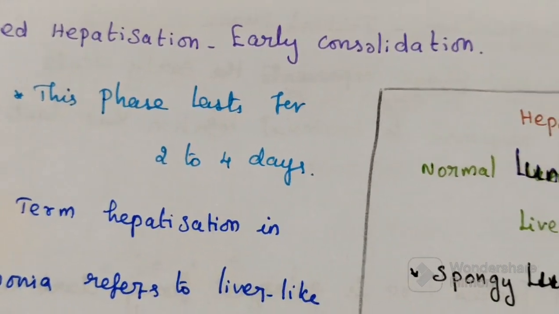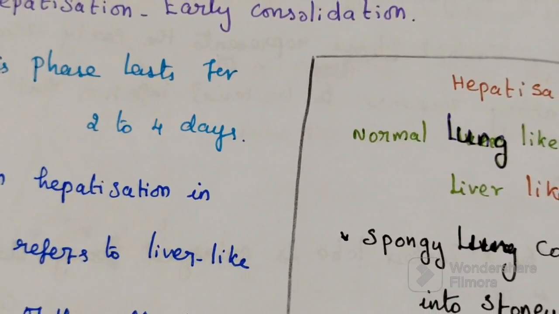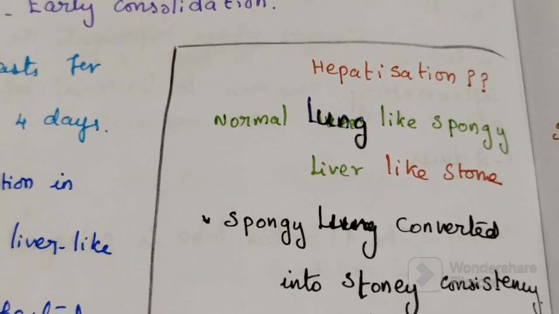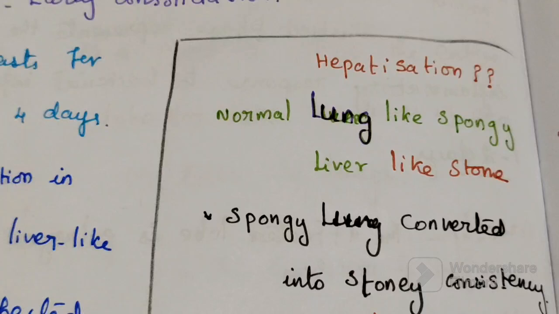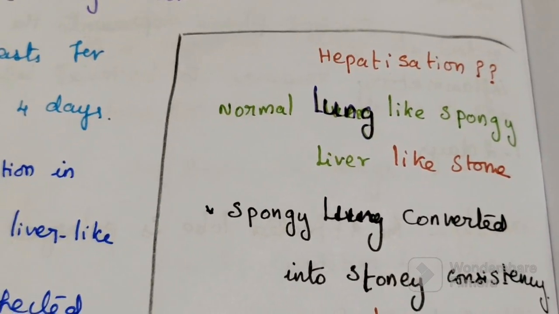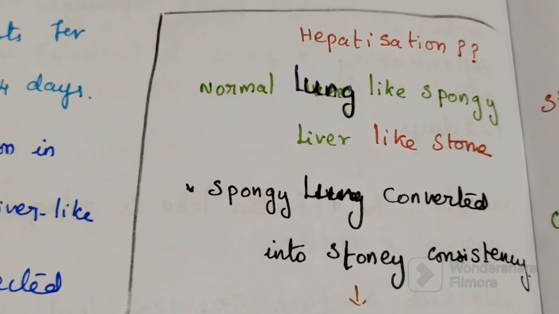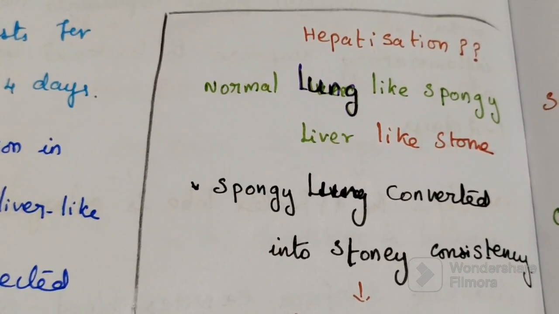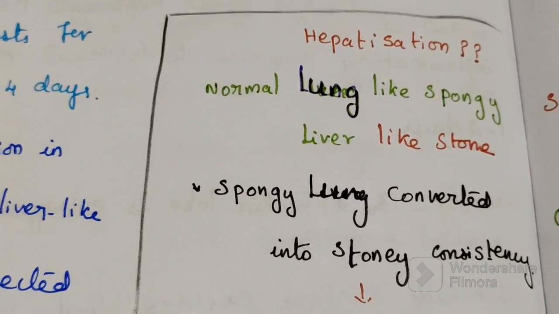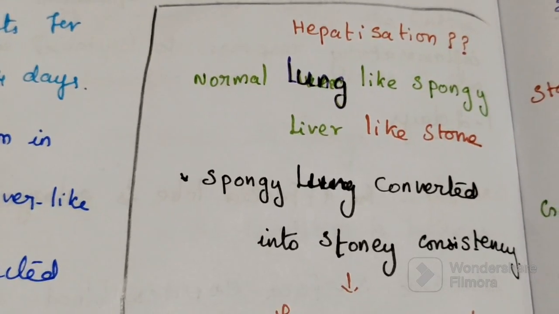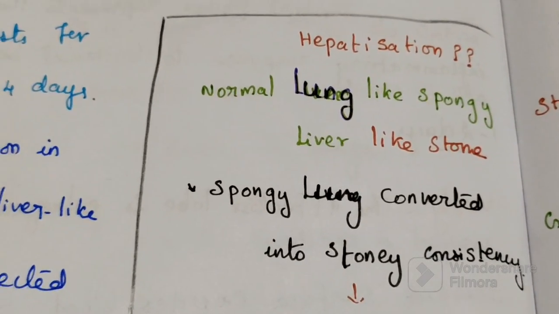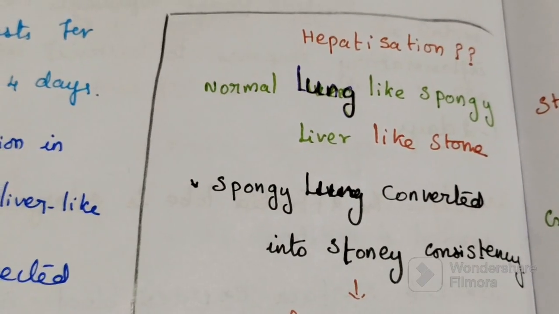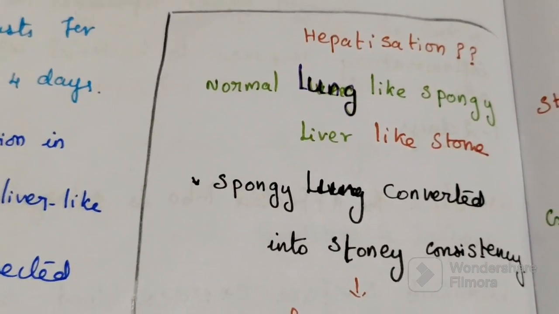Coming to the second stage, red hepatization. What is the meaning of hepatization? Why are we calling lungs liver? Normal lung is spongy, while liver is hard like a stone. Here spongy lung is converted into stony consistency, so it looks like liver.